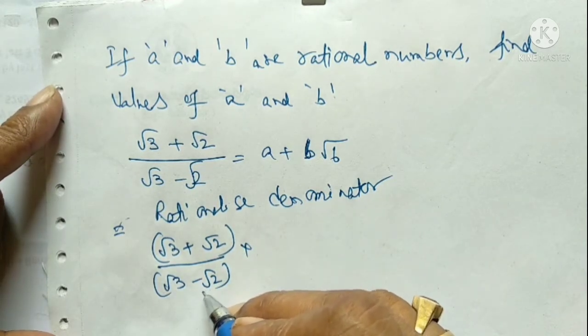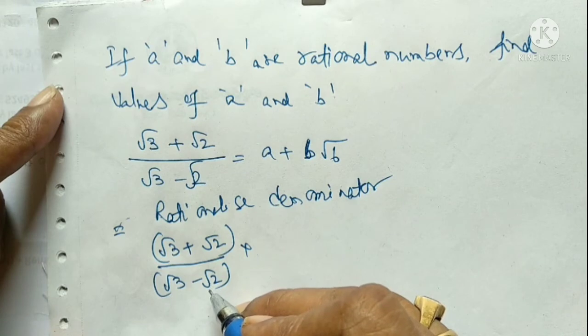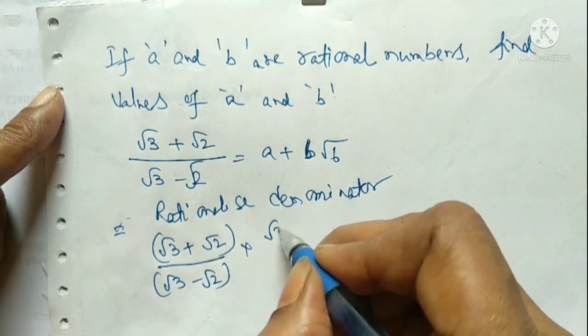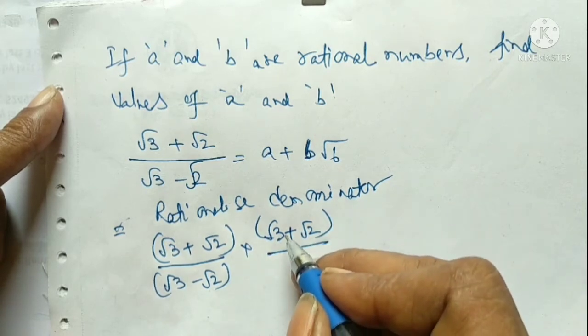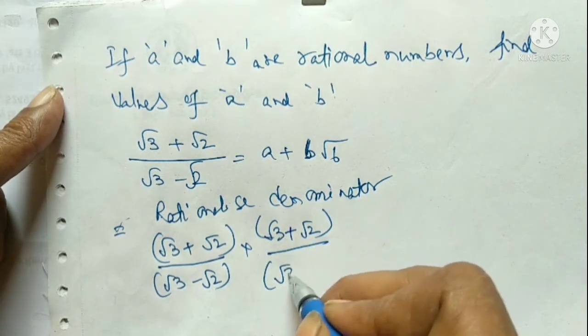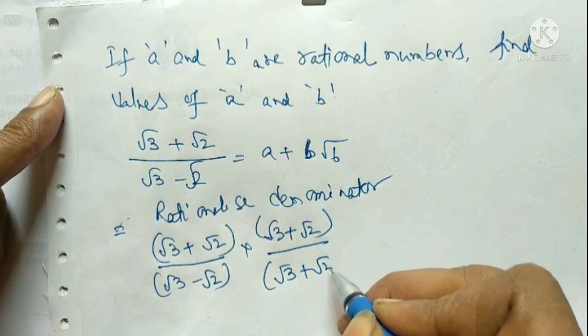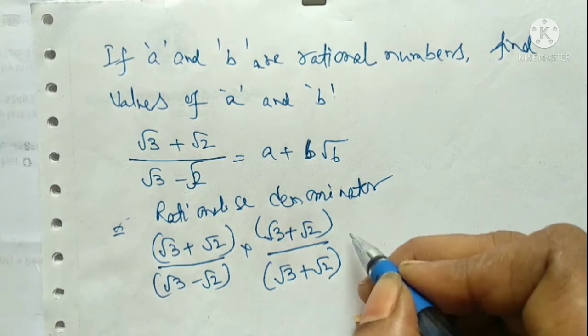The denominator is root 3 minus root 2. Its rationalizing factor is root 3 plus root 2. So both numerator and denominator we are multiplying by root 3 plus root 2.